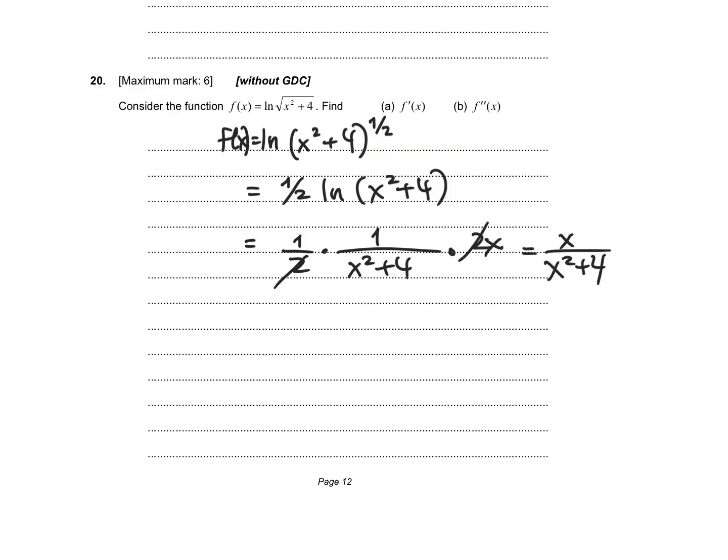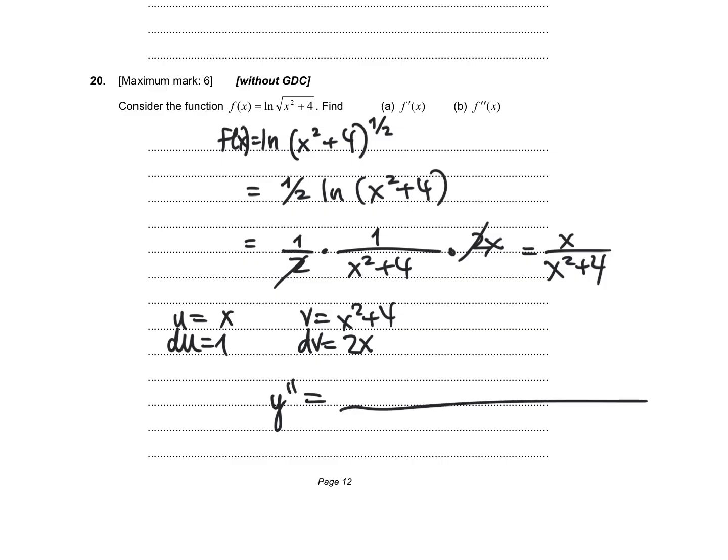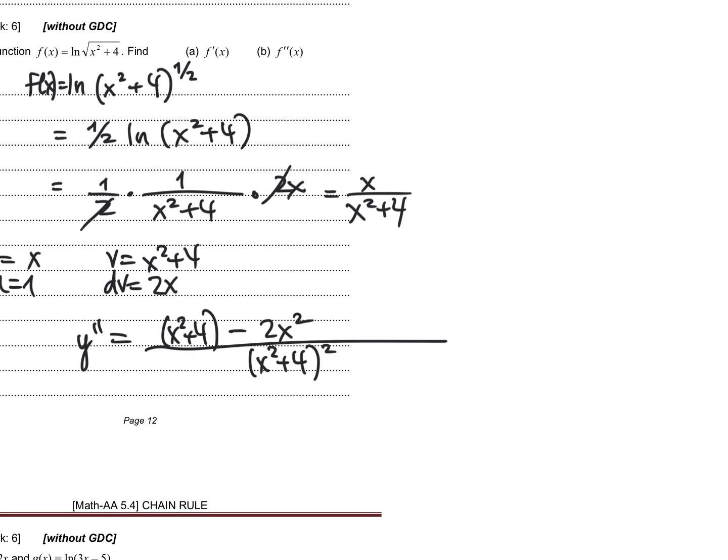Then we're going to have quotient rule to find the second derivative. x is u, x squared plus 4 is v, dv is 2x, du is 1. So y double prime is going to be v squared on the bottom, and starting with v times du, which is 1, so that does nothing, minus u times dv, so that's going to be 2x squared.